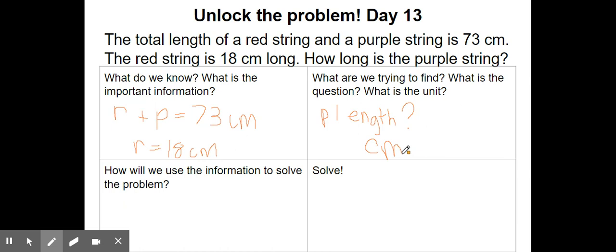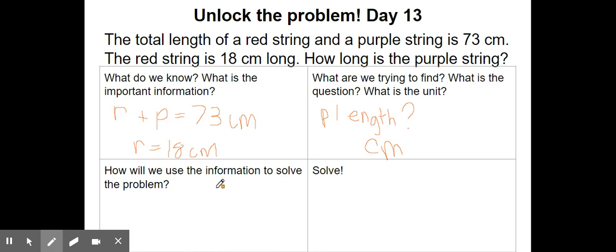Let's look at our next box. How will we use the information to solve the problem? Here's where I want you to think about if you are going to be adding or subtracting and what equation you will write to solve this problem. I find it helpful to think about if we know the whole or if we know the parts.